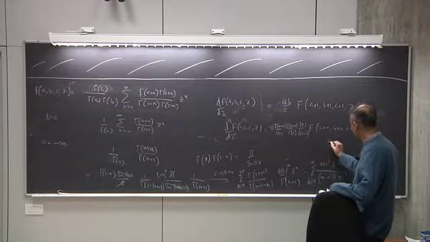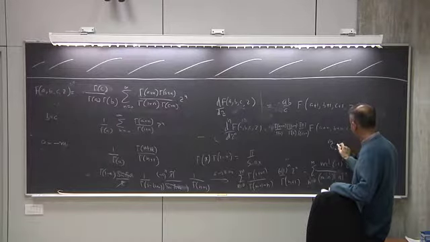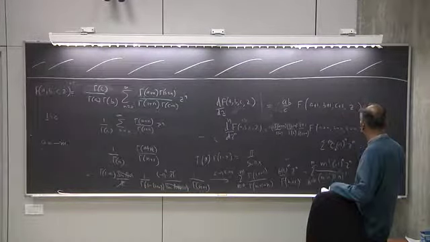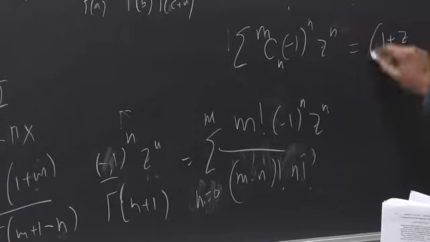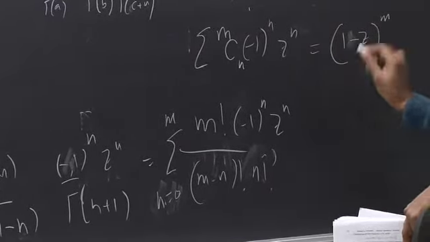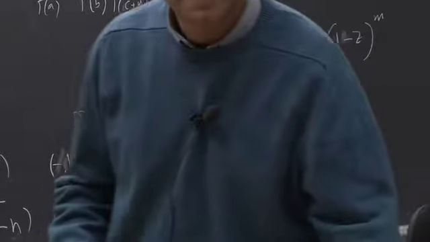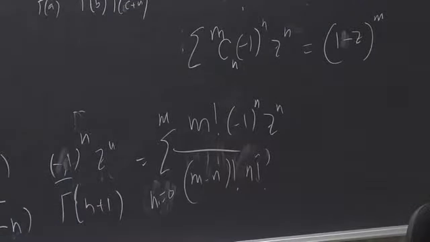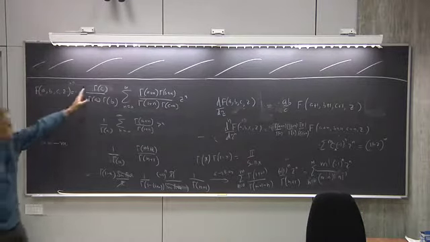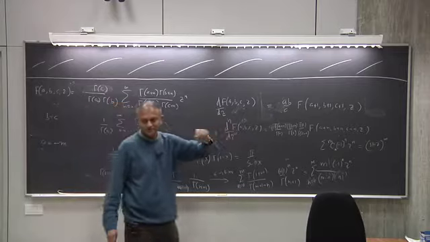This coefficient is m choose n times minus 1 to the n, z to the n. So this is 1 minus z to the power of m. In this particular case, this hypergeometric function, when b is equal to c and a is equal to minus m, this entire thing is simply 1 minus z to the m.